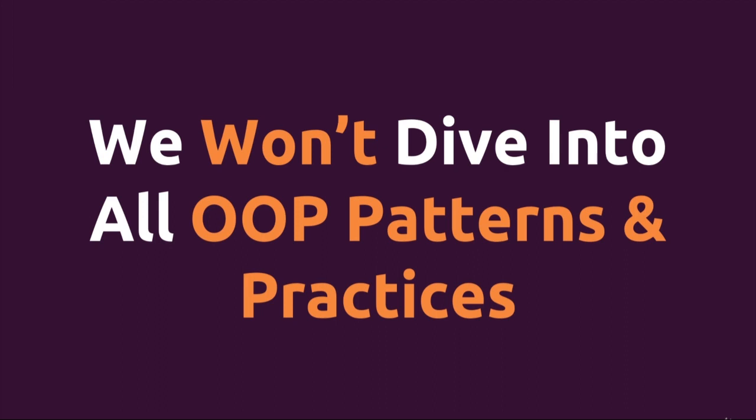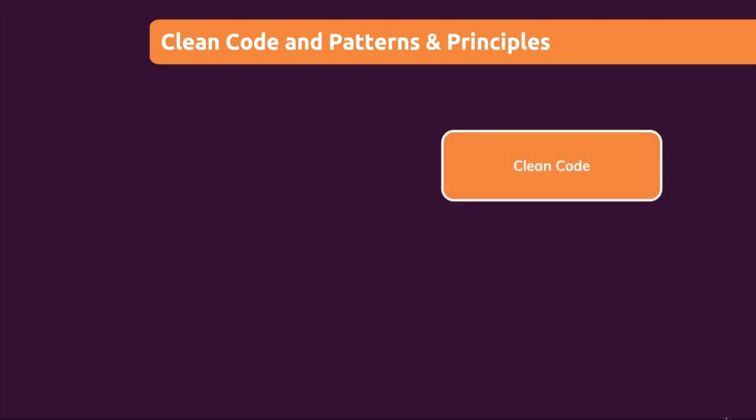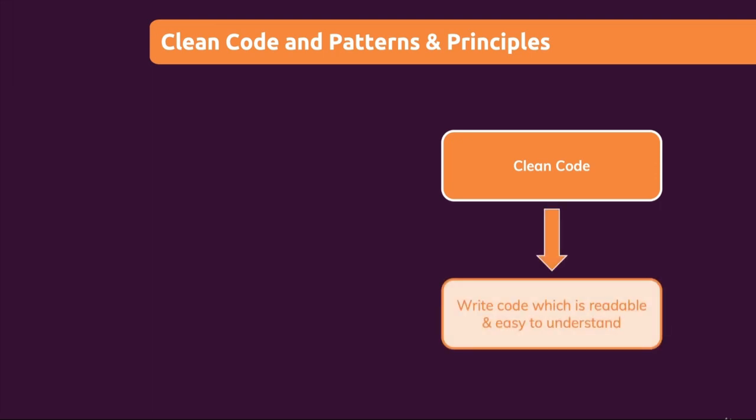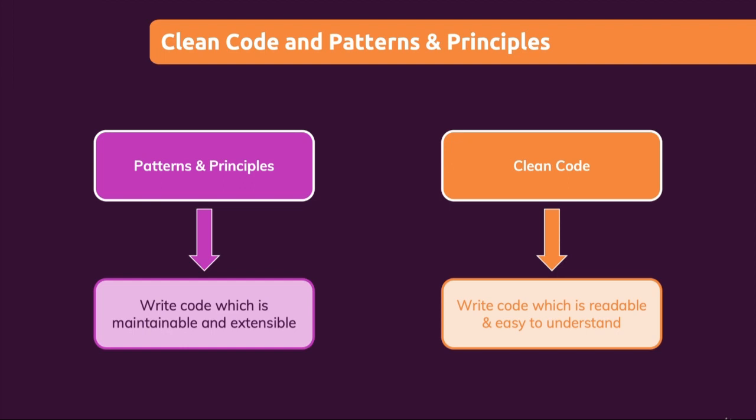The idea is to give you all the core tools you need to write clean code. And for that, of course, we must not forget that clean code is simply code which is written such that it's readable and easy to understand by humans. Now, all these patterns and principles which exist, they help you write code which is maintainable and extensible. Of course, there is a relation to clean code.